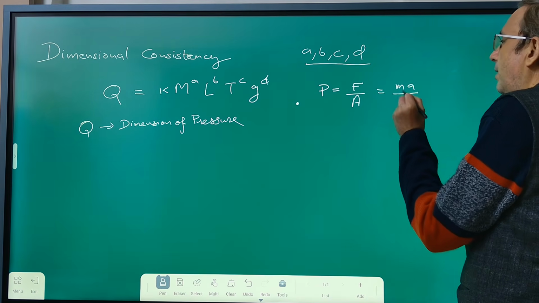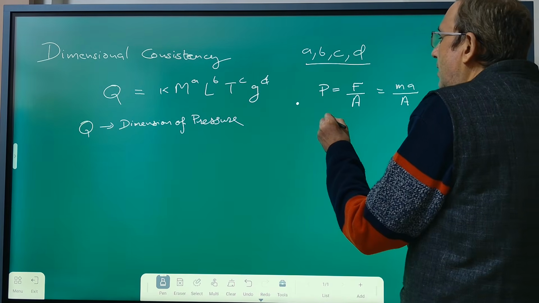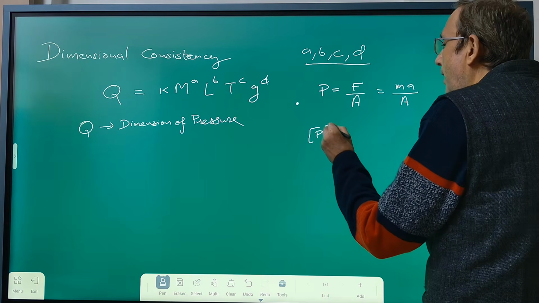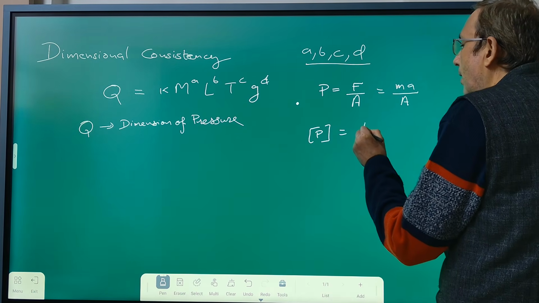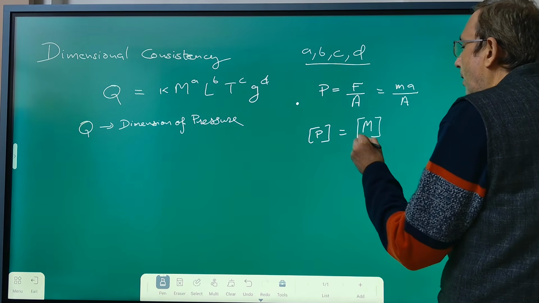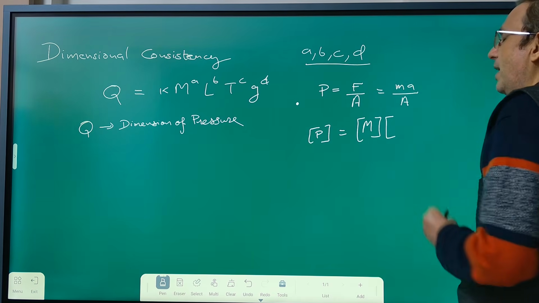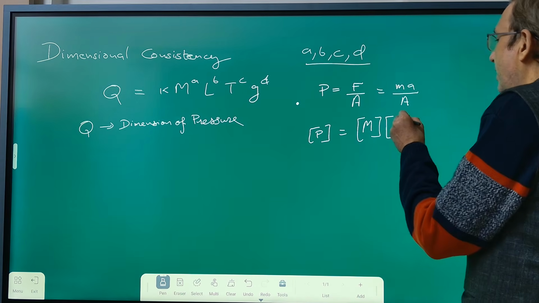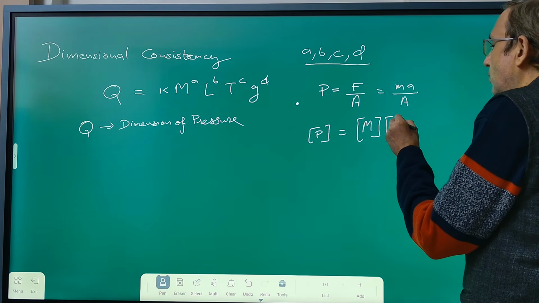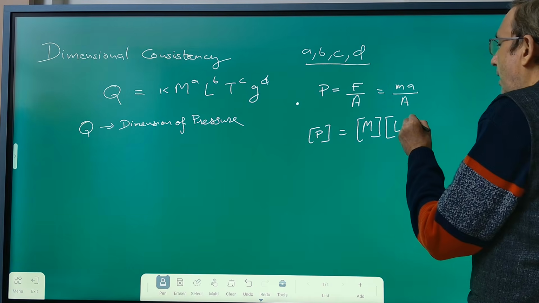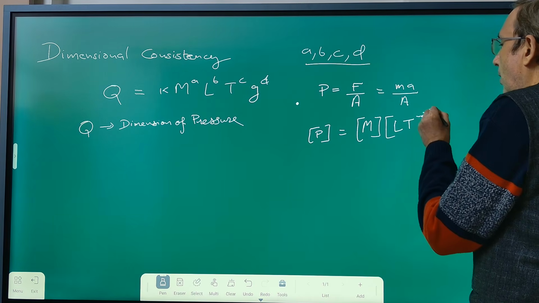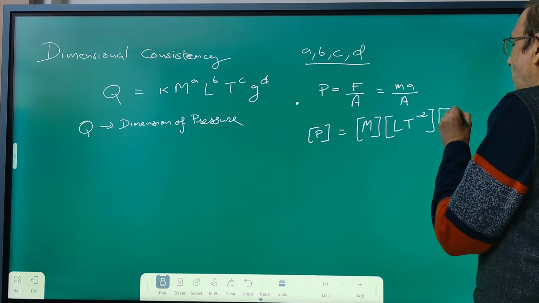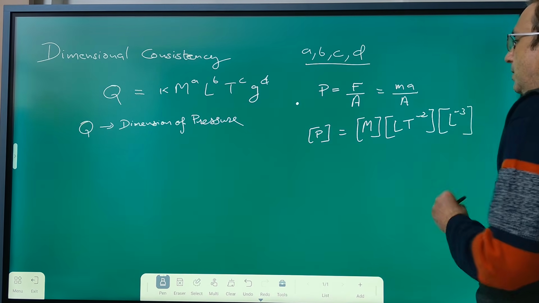So the dimension of pressure becomes the dimension of mass, then the dimension of acceleration, and acceleration is velocity divided by time, so it is distance divided by time square, that is L T raised to minus 2, and then you have area in the denominator.